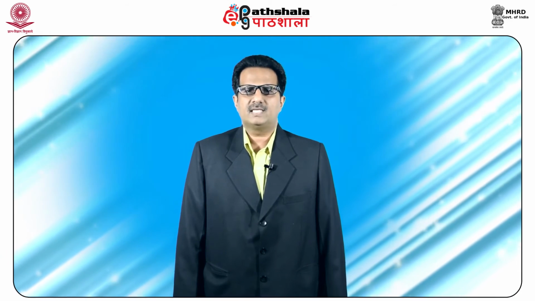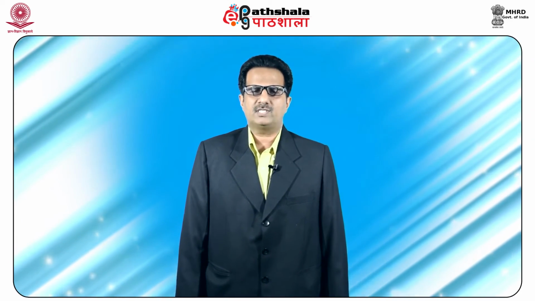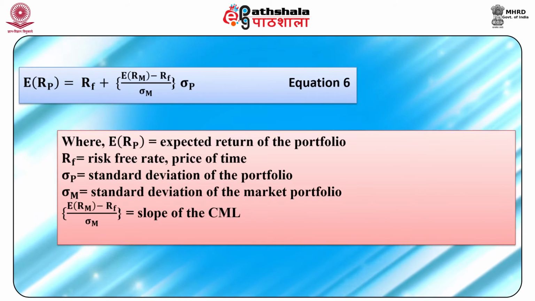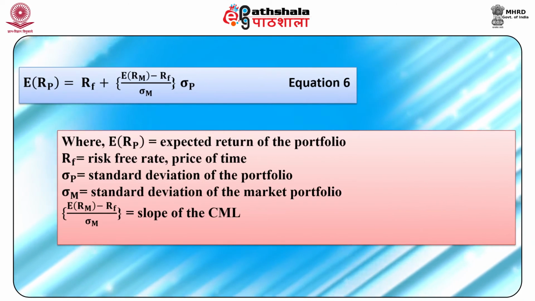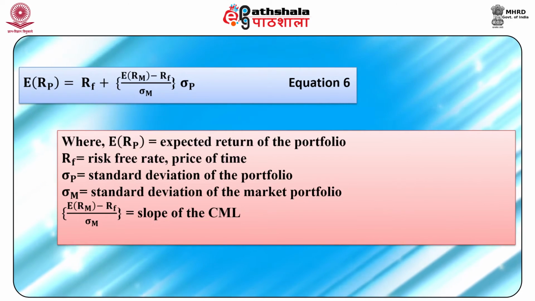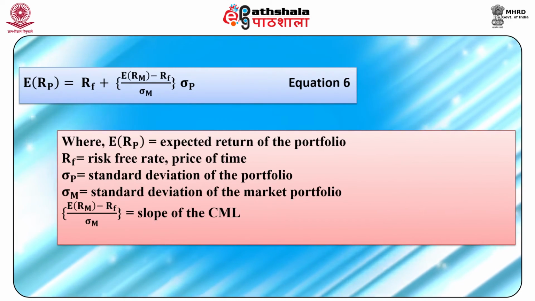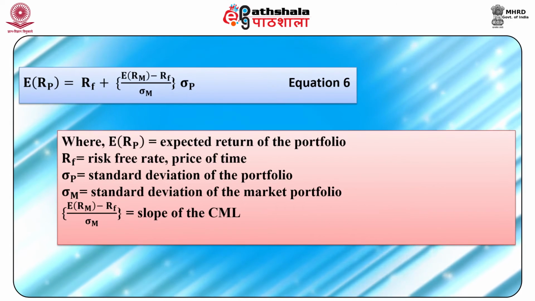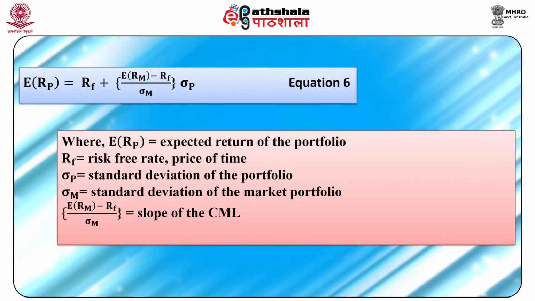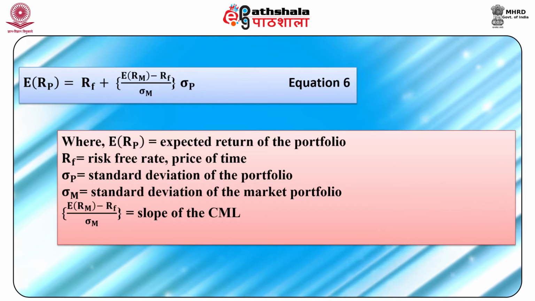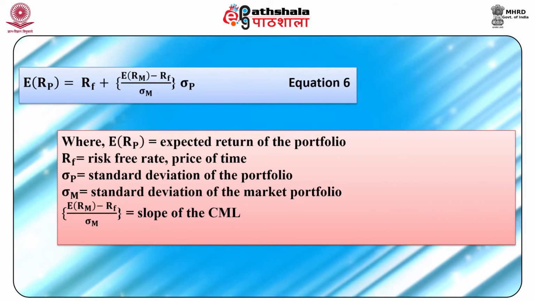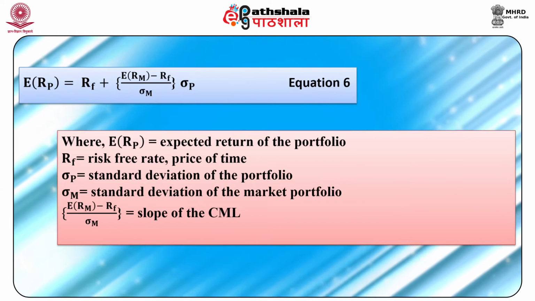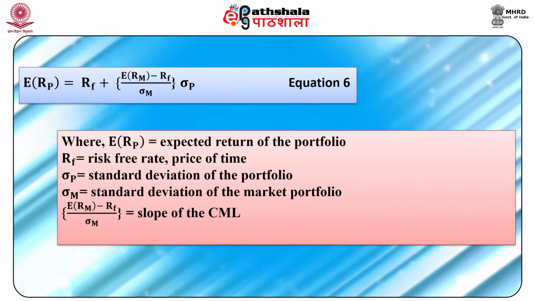This relationship is given mathematically and represented through equation 6 as E(Rp) = Rf + [(E(Rm) − Rf)/σm]σp, where E(Rp) is the expected return on the portfolio, Rf is the risk-free rate or price of time, σp is the standard deviation of the portfolio, σm is the standard deviation of the market portfolio, and the slope of the CML is explained through (E(Rm) − Rf)/σm.